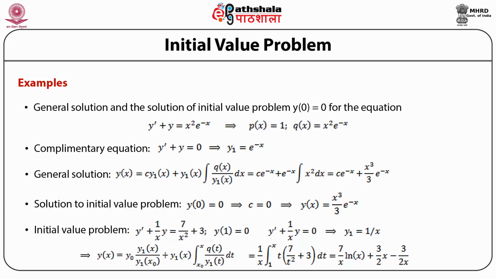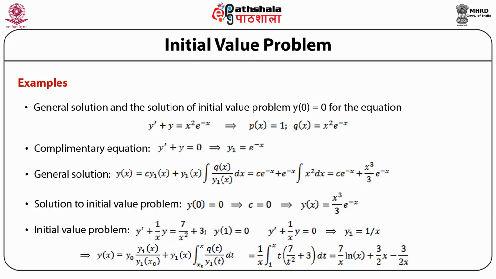Solution to the initial value problem: y(x) is equal to y0 times y1(x) divided by y1(x0) plus y1(x) times the integral from x0 to x of t divided by y1(t) dt.